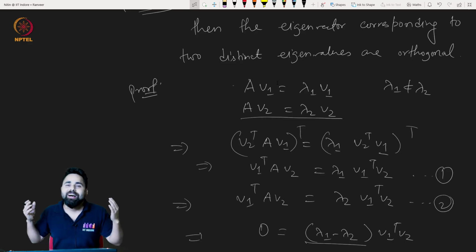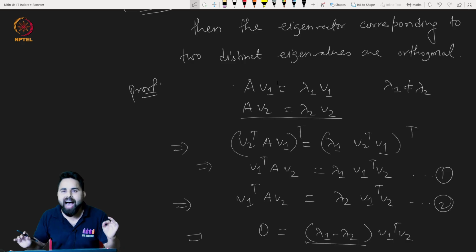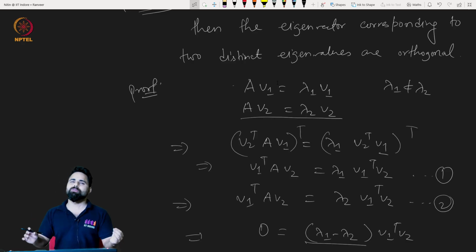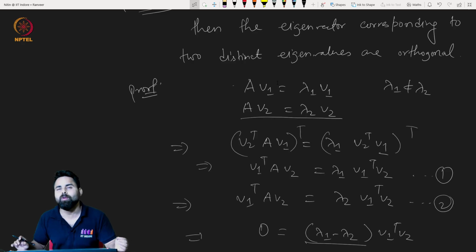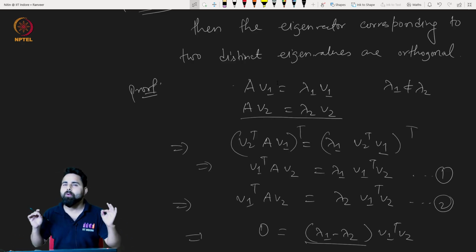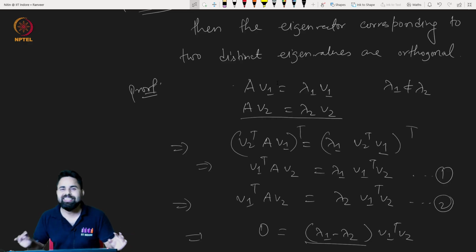That is why the symmetric matrix becomes one of the most beautiful and most applicable matrices for different purposes. So this is just a beginning.